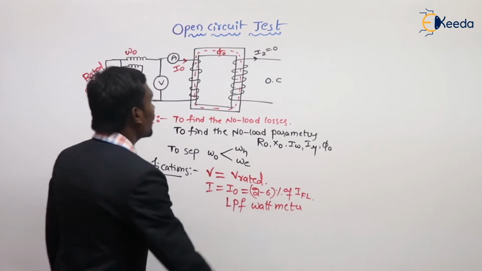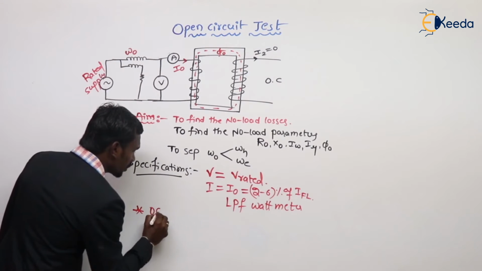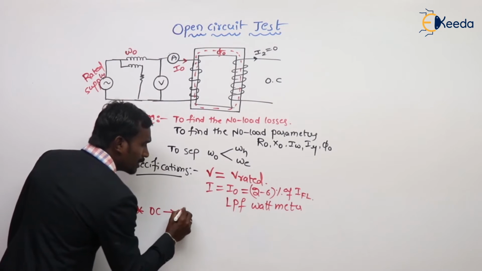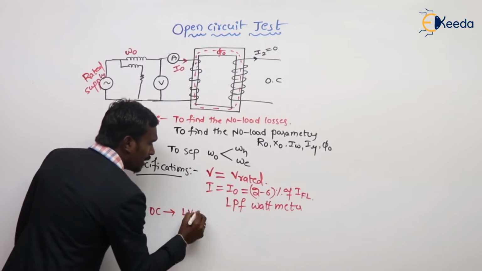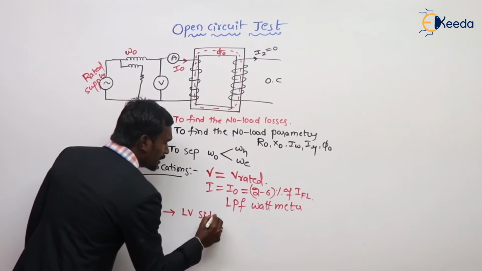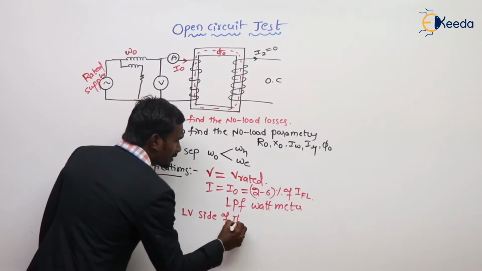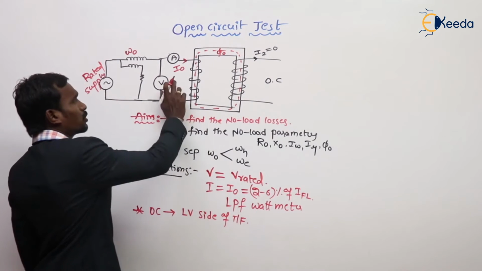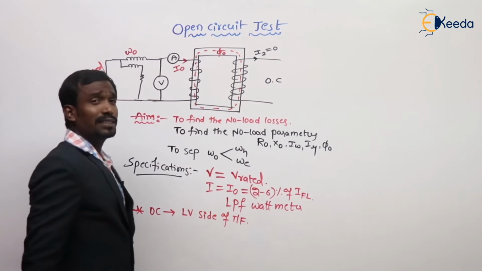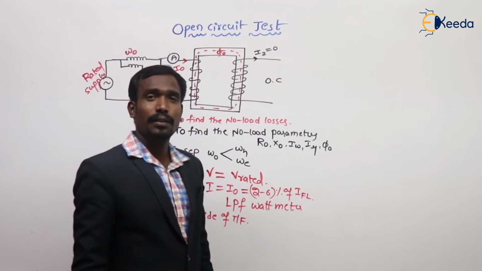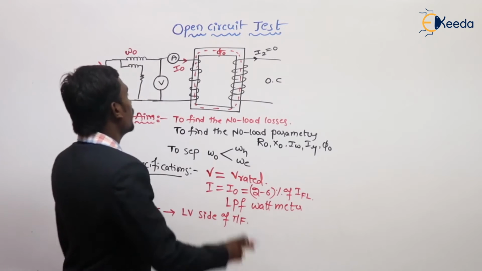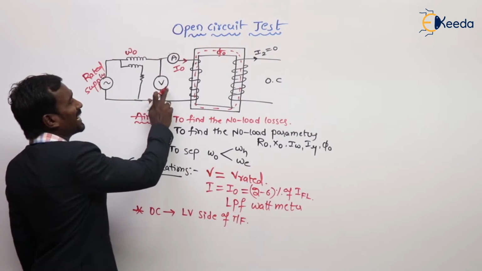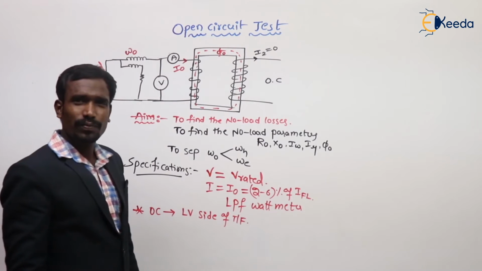Next, where do we have to conduct this test, on the LV side or the HV side? The OC test should always be conducted on the LV side of the transformer, because here we require a rated voltage.